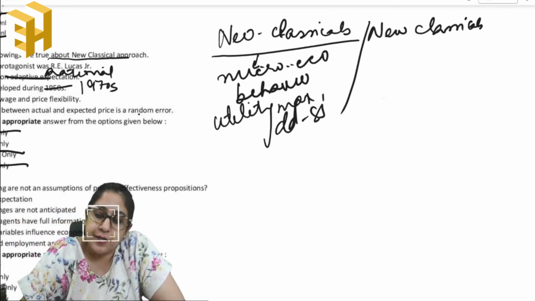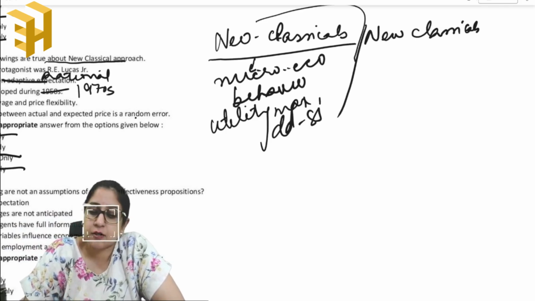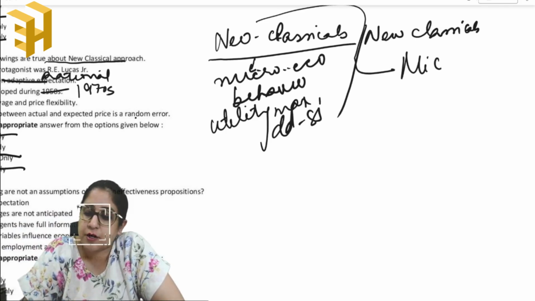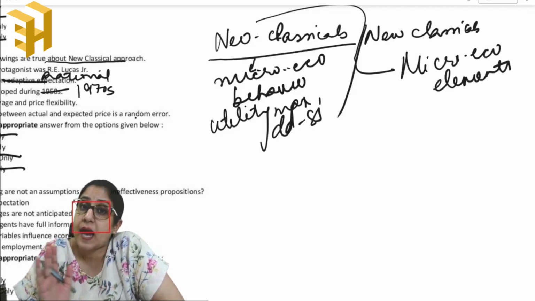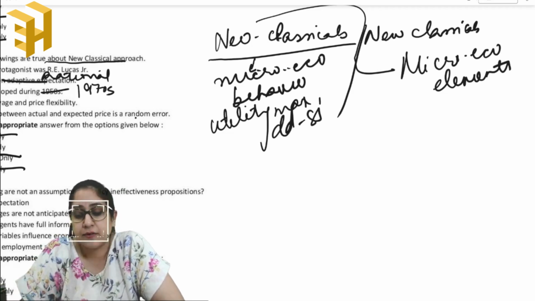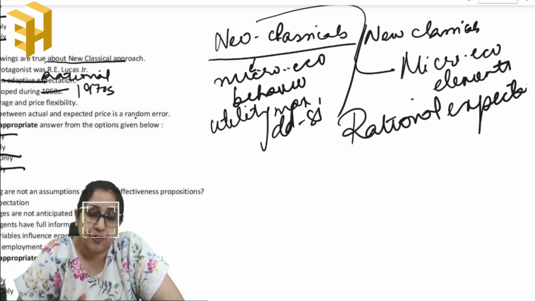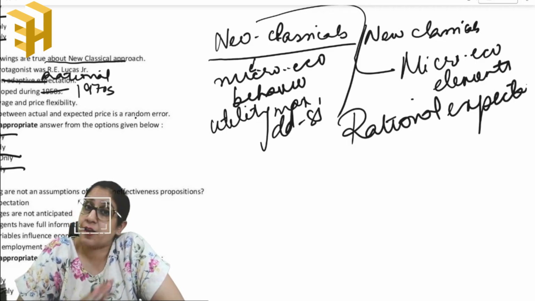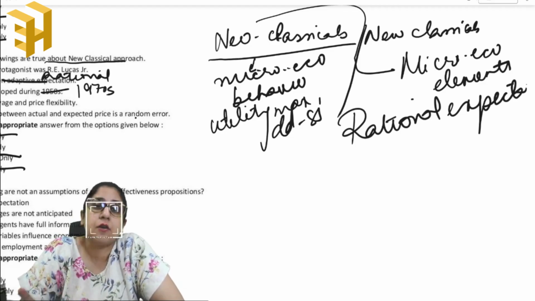New classicals were a branch of neoclassicals only, so they also included microeconomic elements. But one thing that differentiates the two is the inclusion of rational expectations. That's what makes these two schools very different: agents, when given complete information, can foresee the future.